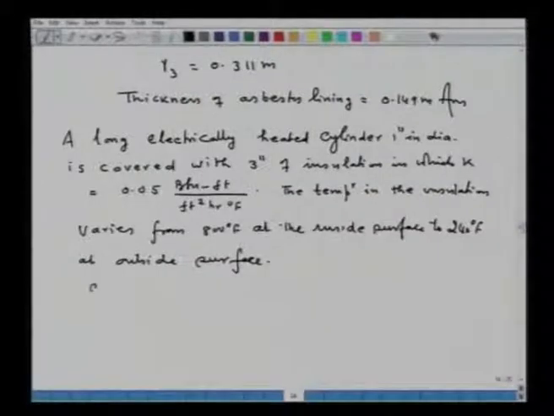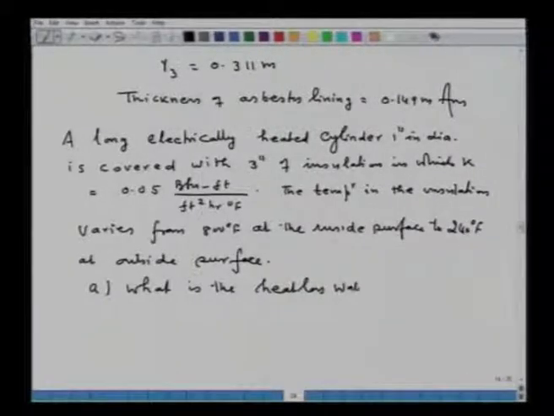Now find what is the heat loss in watt per running feet?